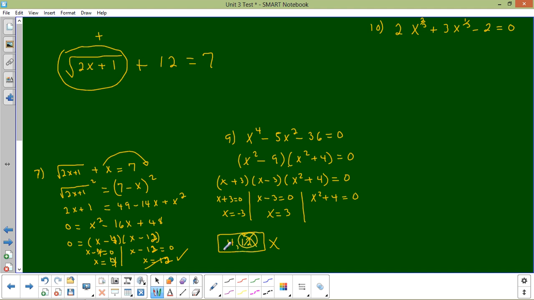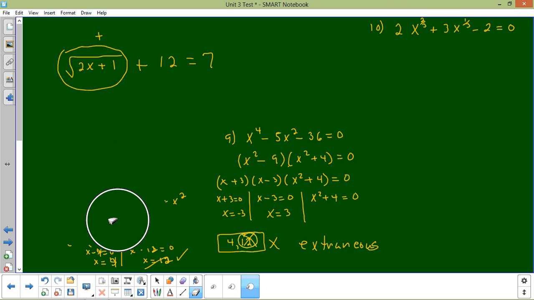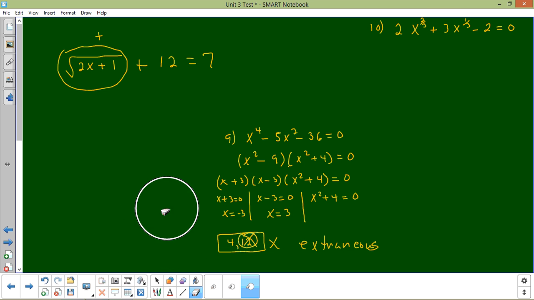Okay, the 12 was what we call an extraneous answer. It's an answer caused by the technique of solution. All right. So with radicals, you need to be careful and check your answers on those. All right. So that's question number 7.